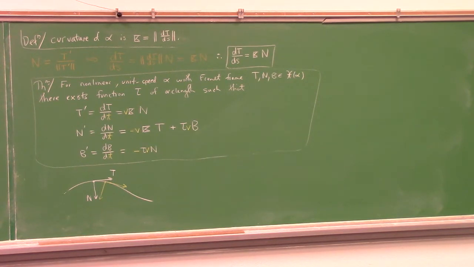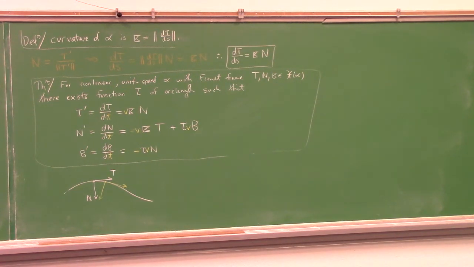So when we take alpha prime cross alpha prime prime dot with the jerk, the only thing that matters is the B component. Kappa v cubed times, I'll write it out, v cubed kappa torsion.